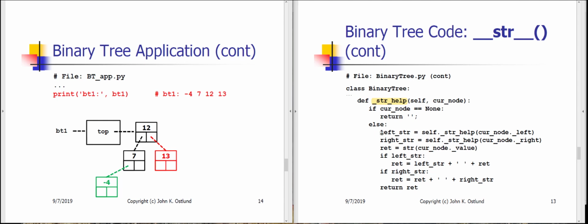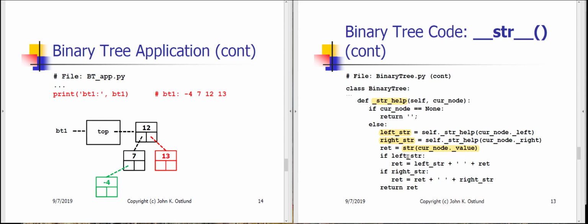What that means is that I want to generate a string representing the left-hand nodes in the tree, the -4 and the 7. I also want to generate a string containing the right-hand nodes in the tree, the 13 in this case. And in between those, I'm going to display a string representation of the current value, which is 12.